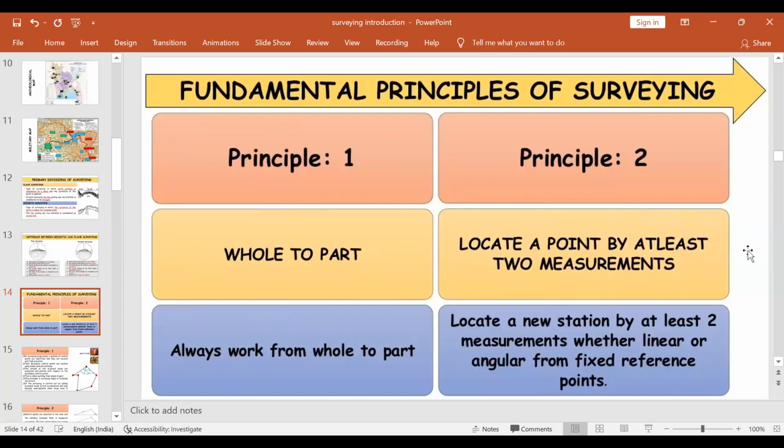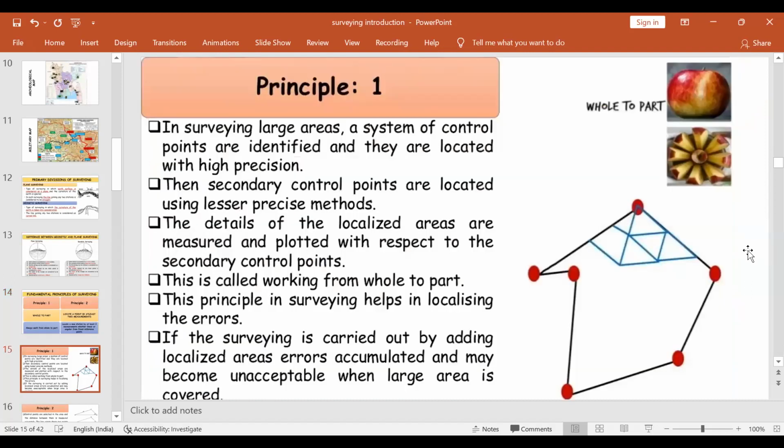right? The first principle is hold to a part. Hold to a part means, observe this diagram, which is in a hexagonal shape. The points in red color will be considered as a whole part.